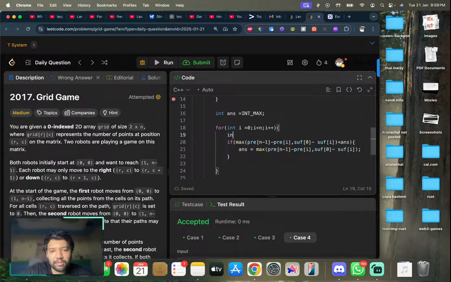We can calculate this and A is equals to, let's do this.